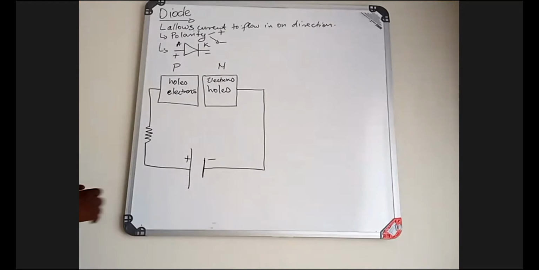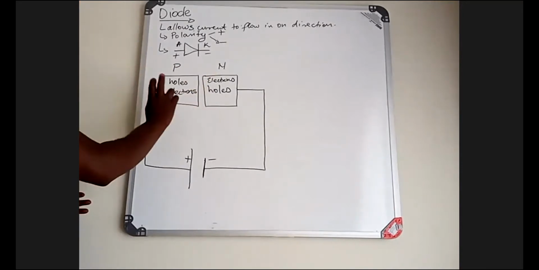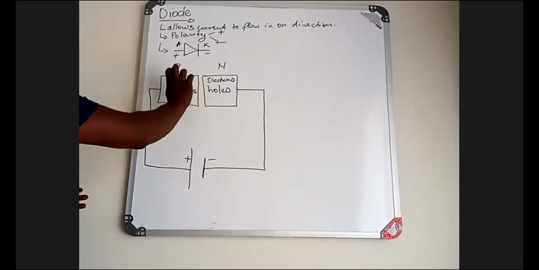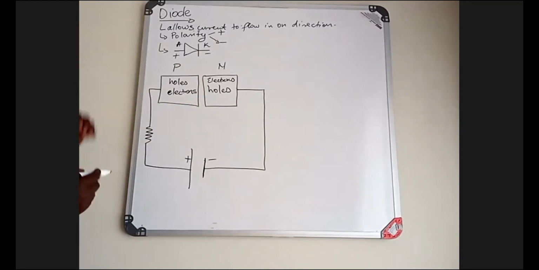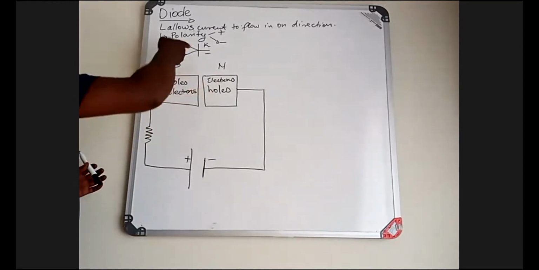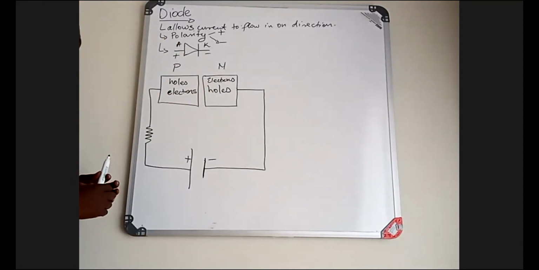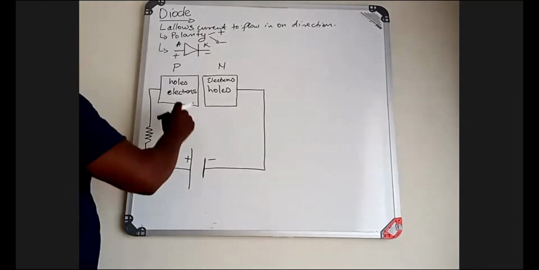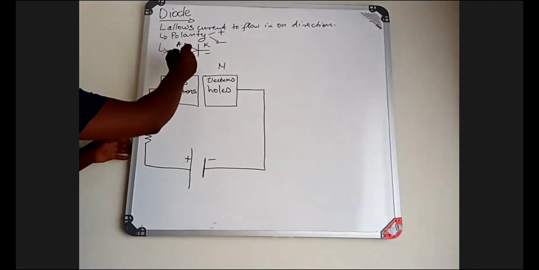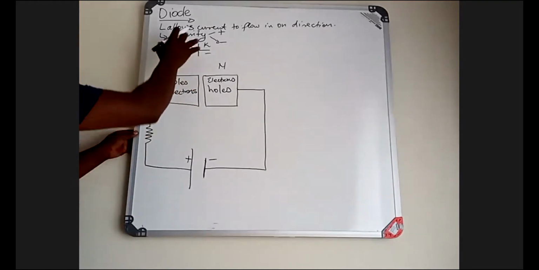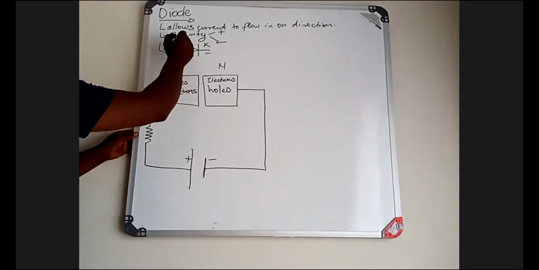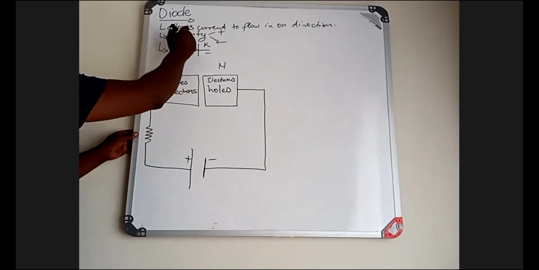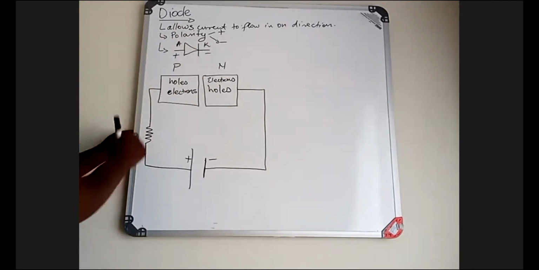So when we look at how the schematic symbol is, you will see that with respect to how the symbol is used, the P region will be your anode and the N region will be your cathode.